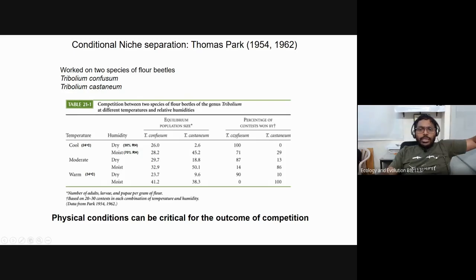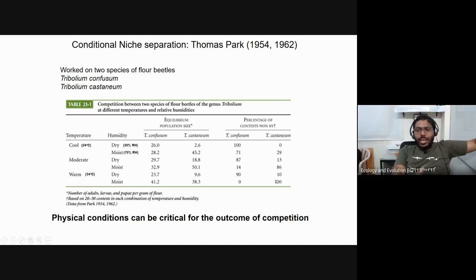Let's first look at the 2 extremes. When you have a cool dry condition, 24 degrees Celsius, 30% relative humidity, confusum wins every single time. That's why you have 100% over here. On the other hand, if you have warm and moist conditions, then castaneum wins every single time, no issues.